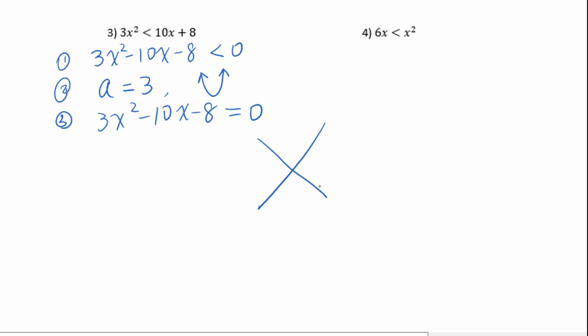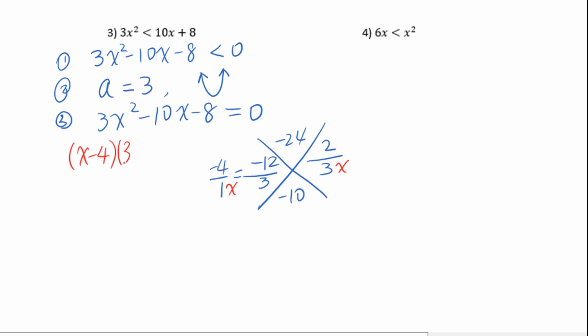Then linear x, -24, -10 over 3 over 3. So we have -12, this is 2, reduce, -4, 1. So we put x here, x here. x minus 4 times 3x plus 2 equals 0. x1 equals 4. x2 equals -2 over 3.